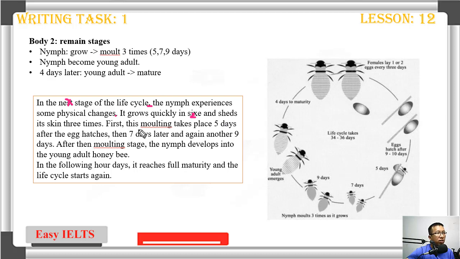First, this molting takes place 5 days after the egg hatches, then 7 days later, and again another 9 days later. After the molting stages, the nymph develops into young honeybees. Okay, so in the following 4 days, it reaches full maturity and the life cycle starts again.